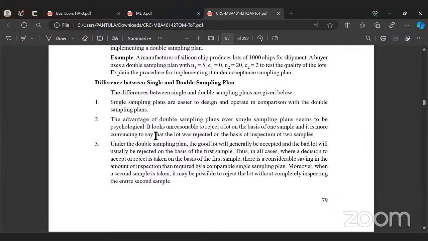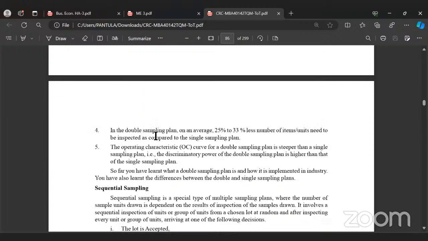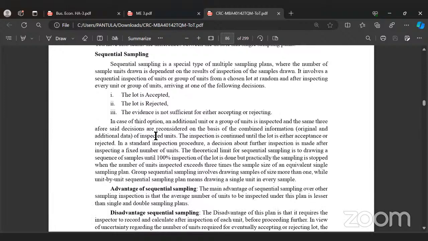But in single sampling, the probability of defects is very high, and in double sampling the probability of defects is very low. So these are some differences between single and double sampling. And next, sequential sampling.